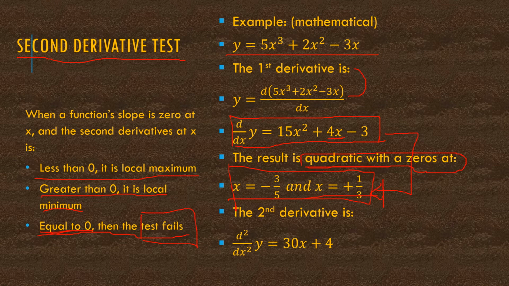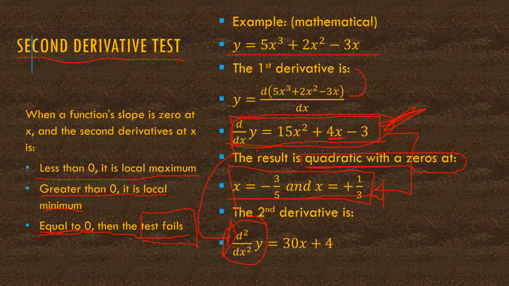Now, once you find the value of x, you get the second derivative of your first derivative function. The second derivative of the function y is 30x plus 4.